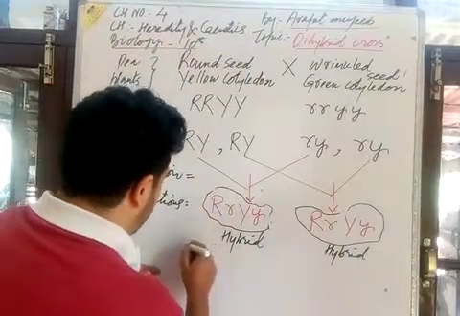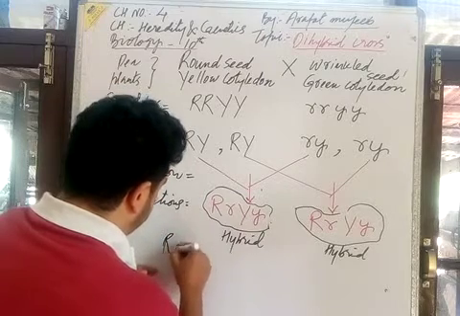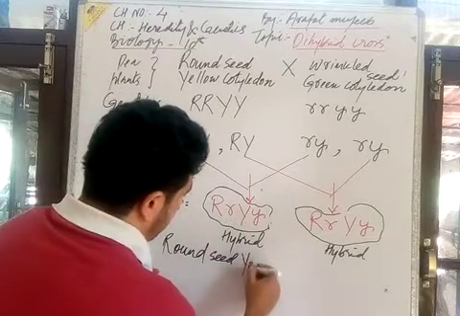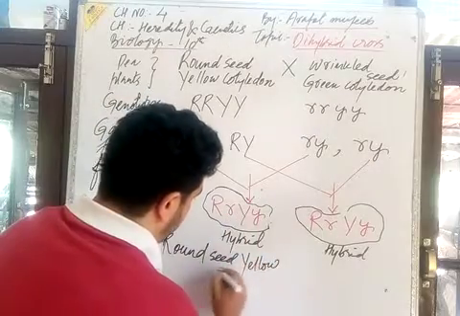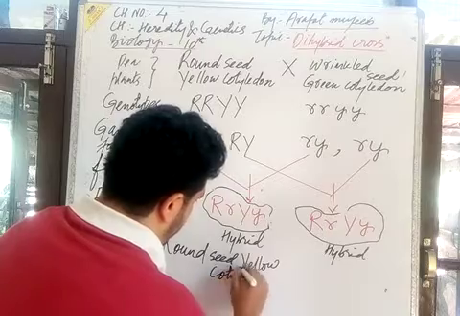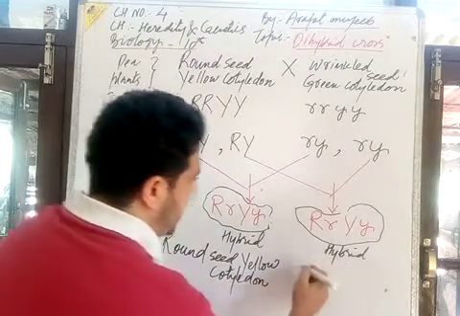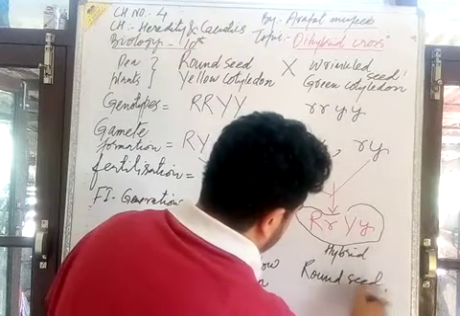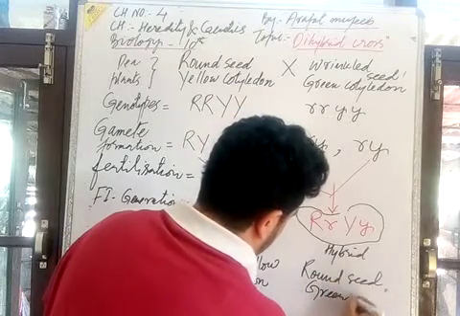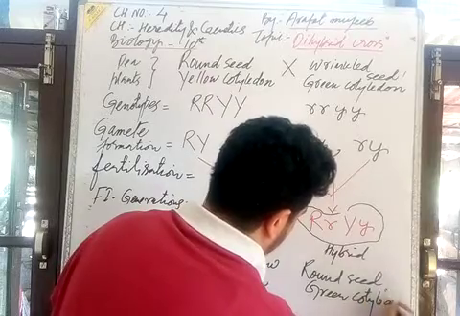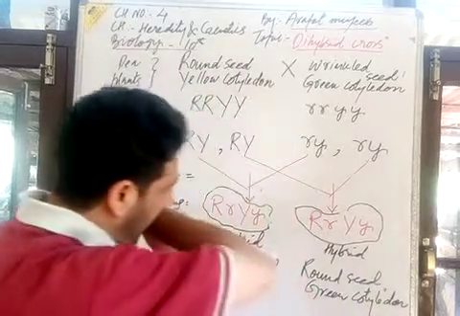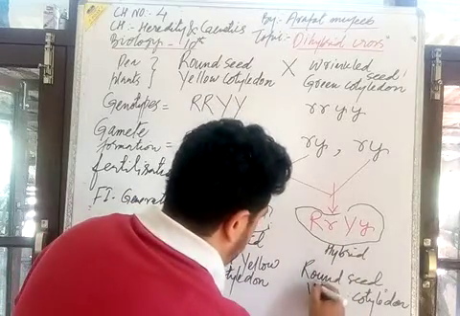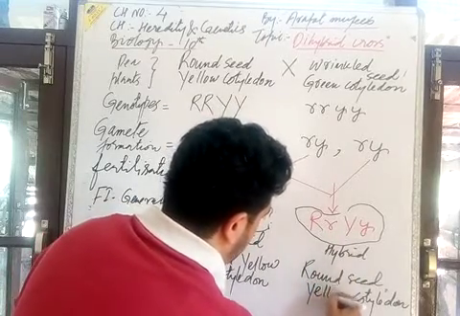That means here I will define this: round seed and yellow cotyledon. Pay full attention: here round seed and green cotyledon, and here yellow round seed, round seed, yellow cotyledon.